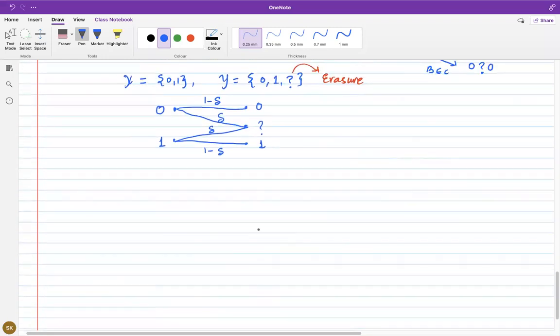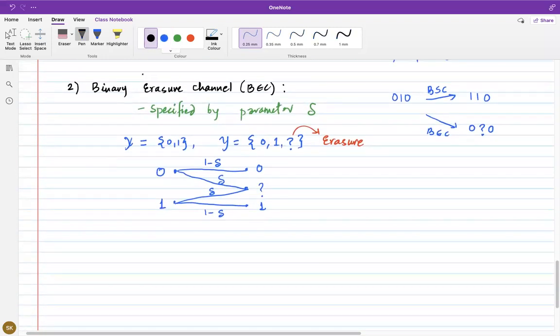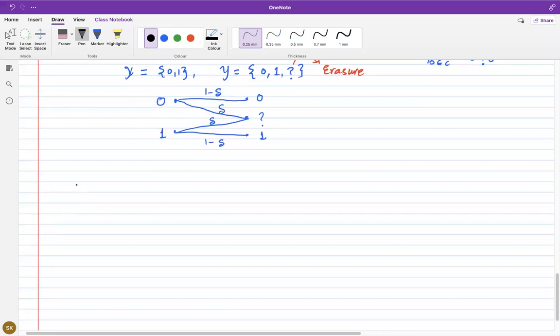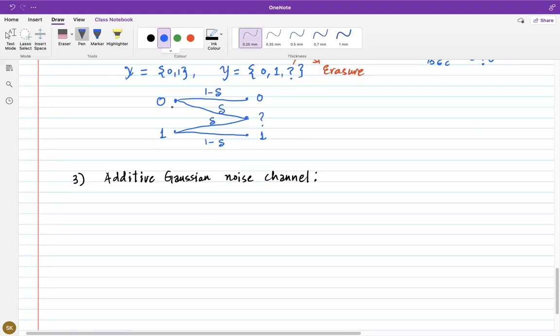Okay. So with that, now we'll move to the third very popular channel in practice, which is the additive Gaussian noise channel. Again, we need to specify inputs and outputs for this.